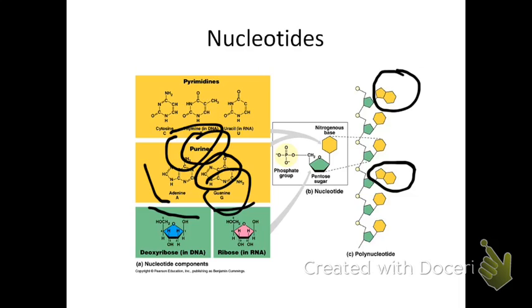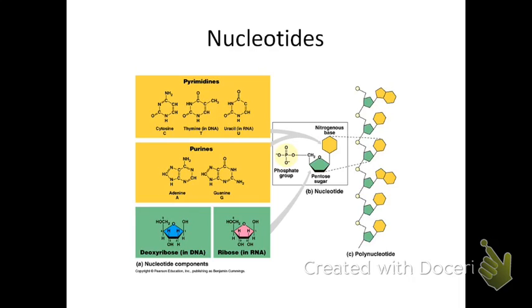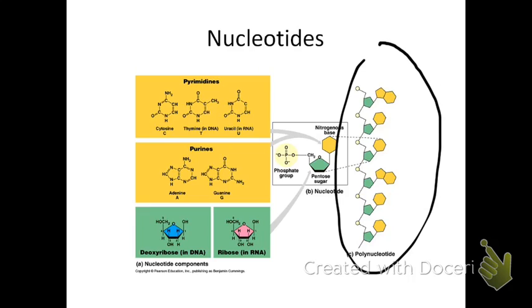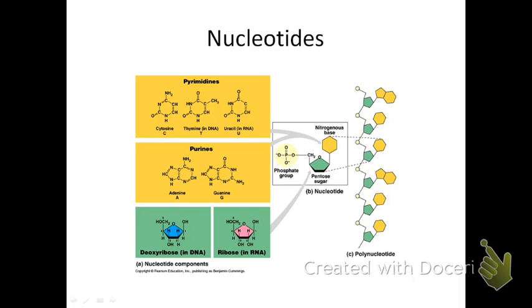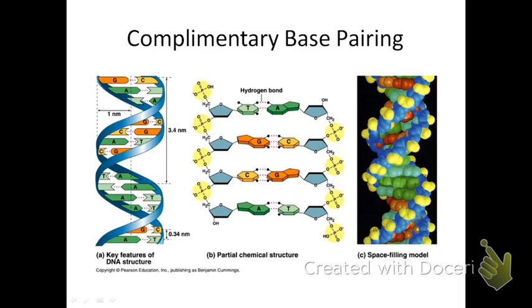So now we've got our purines and our pyrimidines. Now, when we look at this, we know that if this is one strand of DNA, we'd have to have another strand over here. When we're looking at those, you're always going to have a purine paired with a pyrimidine.